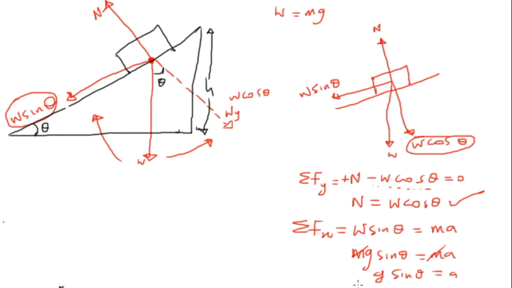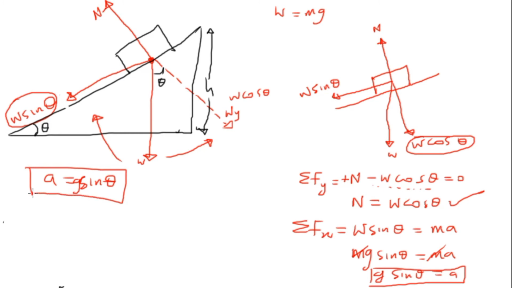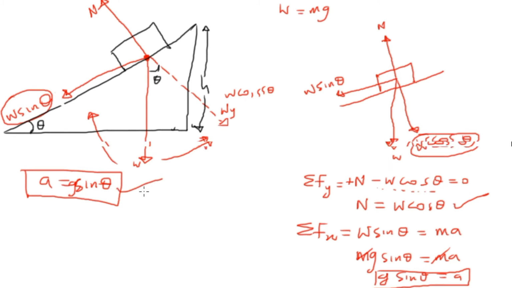Notice that the acceleration that makes the object slide down the inclined plane, a, is equal to g sine theta. The implication is that for an object to slide down the inclined plane, the acceleration is independent of the mass of the object, as we can see in this equation.